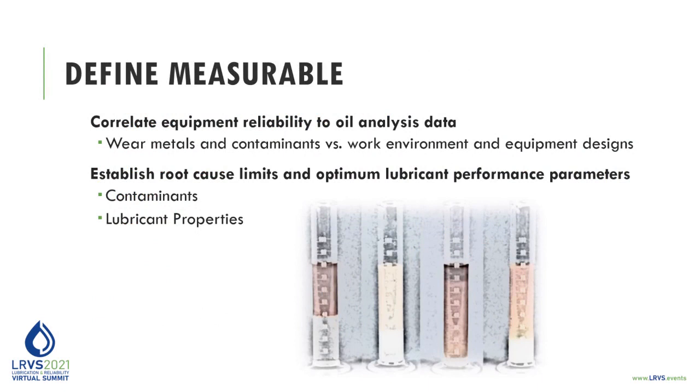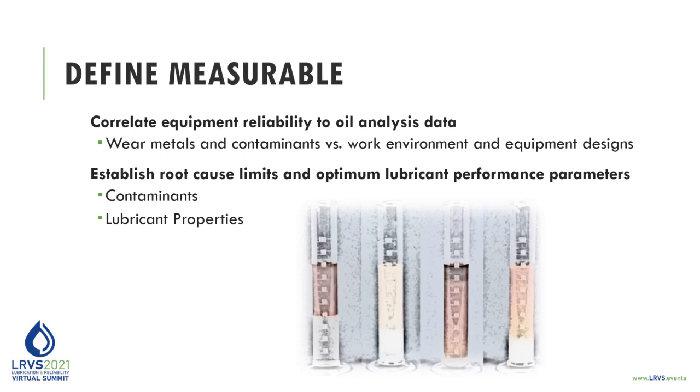Now we're going to have to define our measurables. We want to correlate measurables to equipment reliability. Use oil analysis to do that. Examples are, say, for instance, wear metals and contaminants, maybe versus a work environment and equipment designs. This is all very possible.